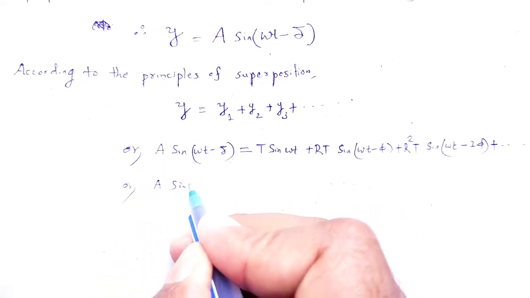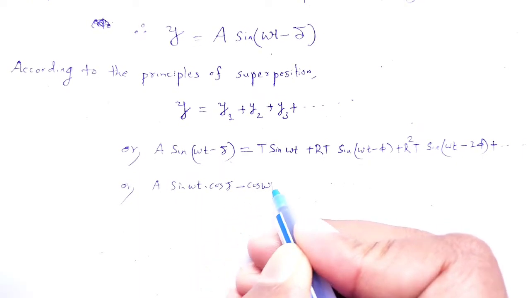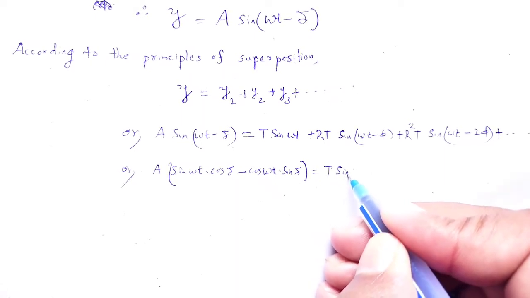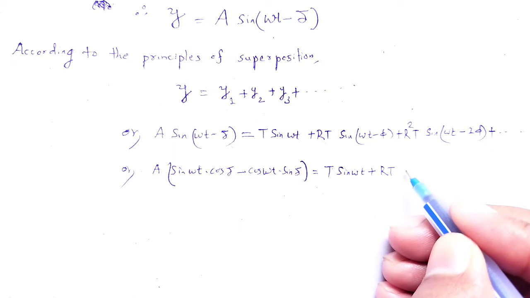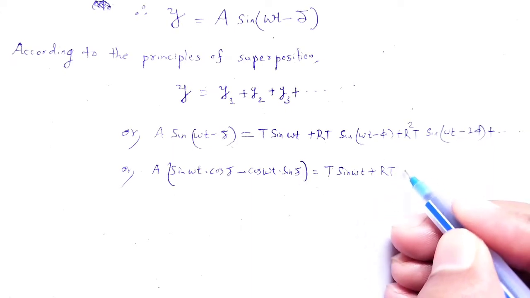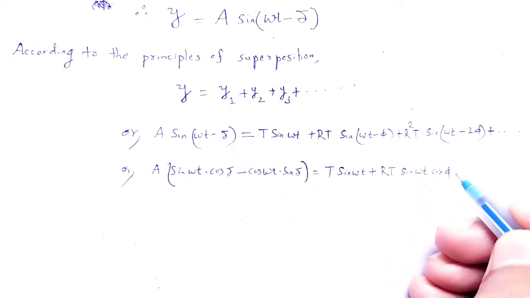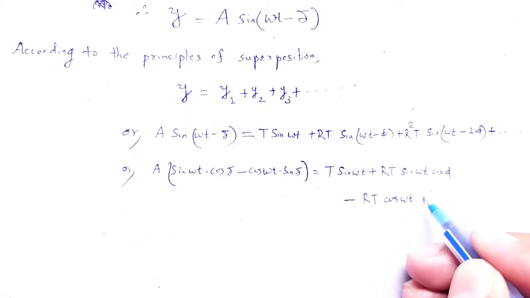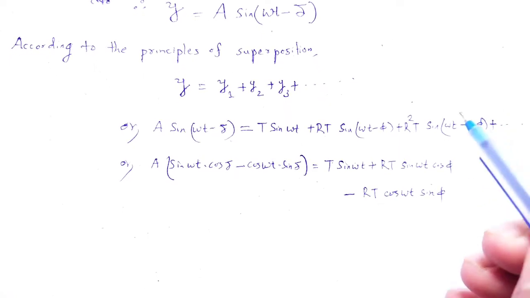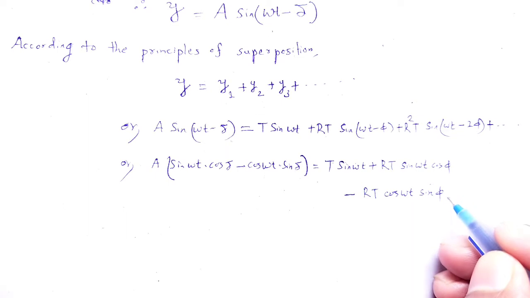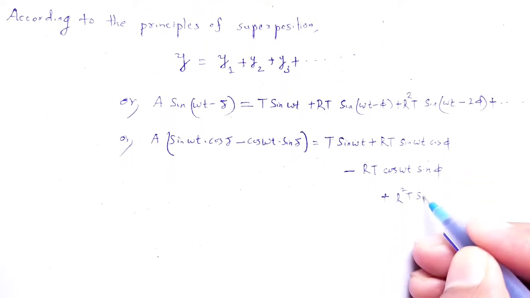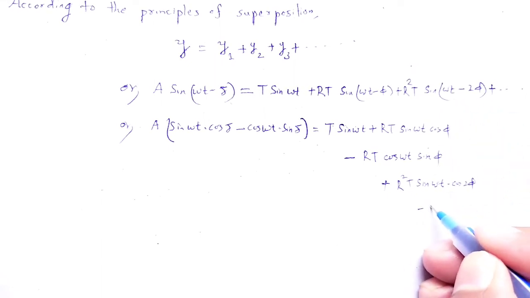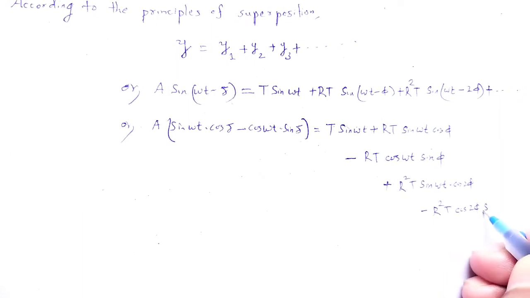Using sin A minus B is equal to sin A cos B minus cos A sin B, this is equal to t sin omega t plus rt sin A cos B minus rt cos A sin B, again sin A minus B, plus r square t sin A cos B minus r square t cos A sin B.